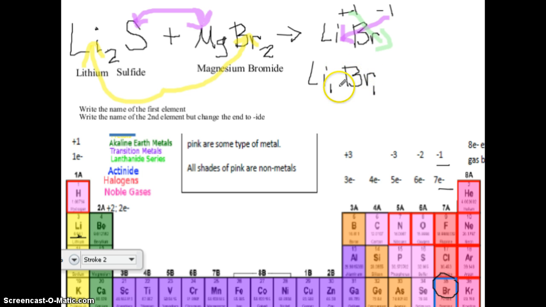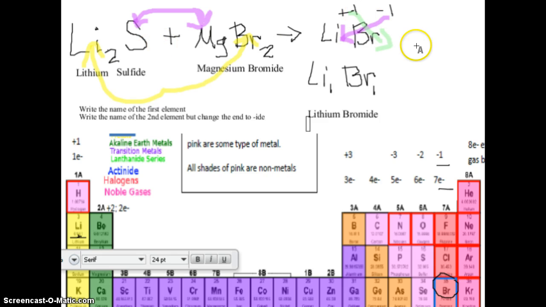Do we need to write the 1's? No, we don't, but you can. And what would we name this? Well, what's Li stand for? Lithium. And Br is what? Bromine. But what do we have to do? Change the ending to ide, lithium bromide.